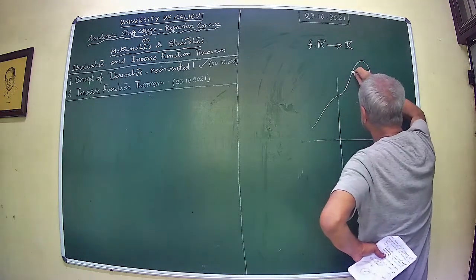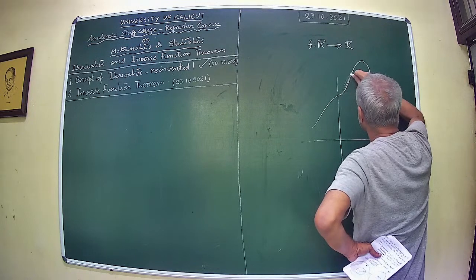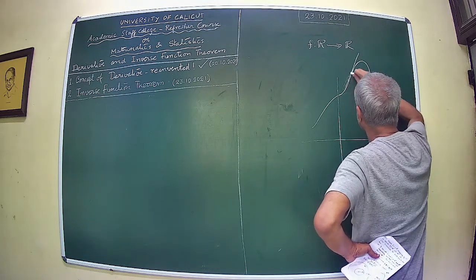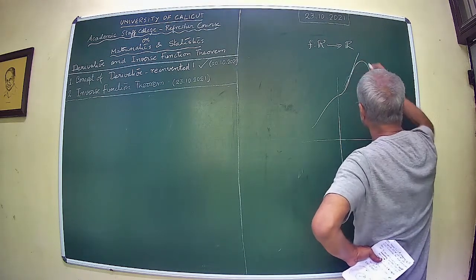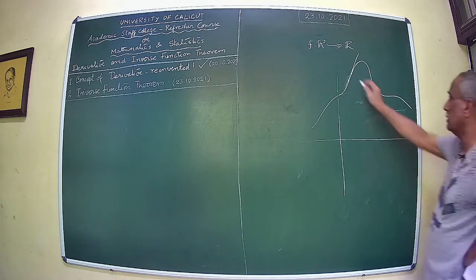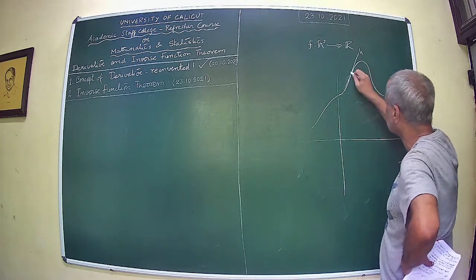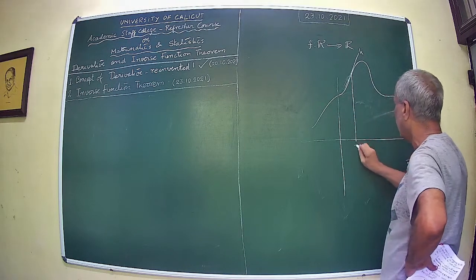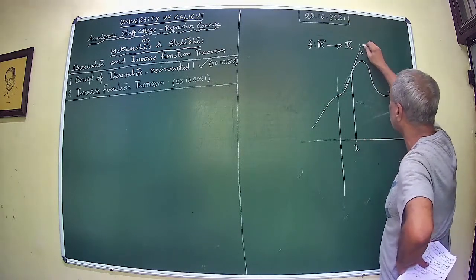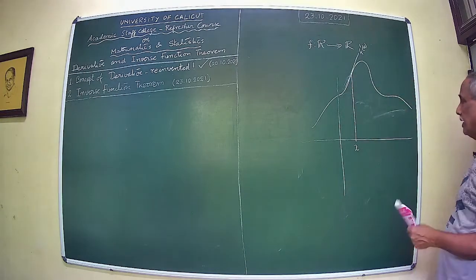Suppose you have the line approximation of this f by the tangent, which is determined by this point as well as the derivative. So if this point is x, then f dash x is the slope of the tangent to the curve at the point.